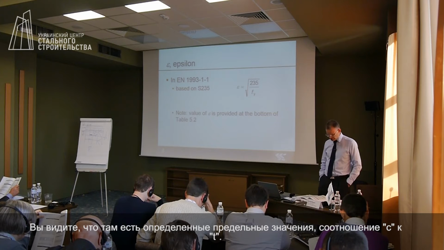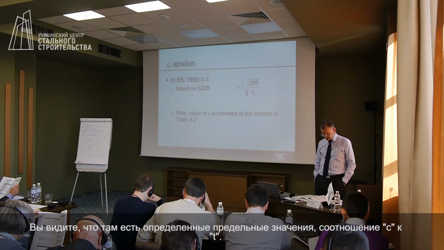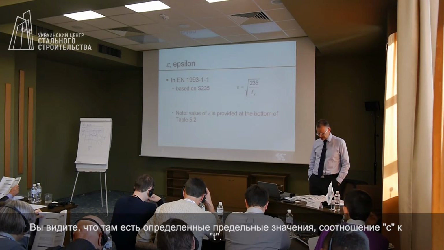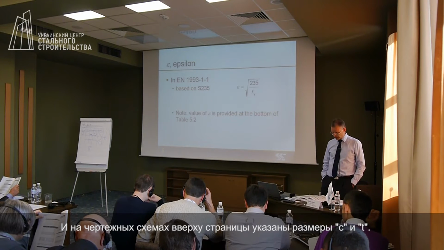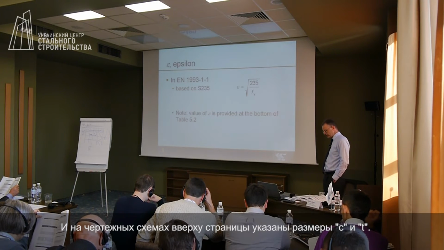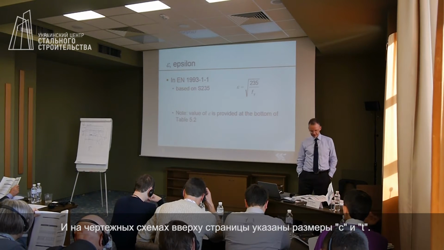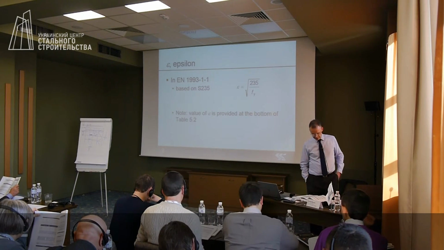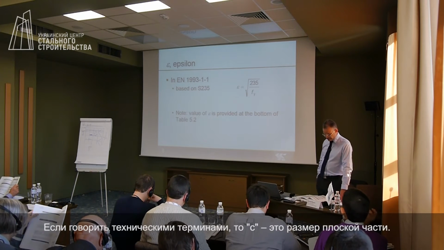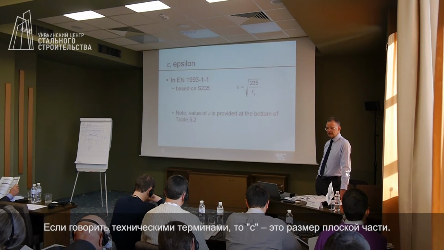And you'll see that there are simple limits, and they concern the C over T ratio. And from the diagrams at the top of the page, you will see the C dimension is indicated. The C dimension, in technical terms, is the flat part.